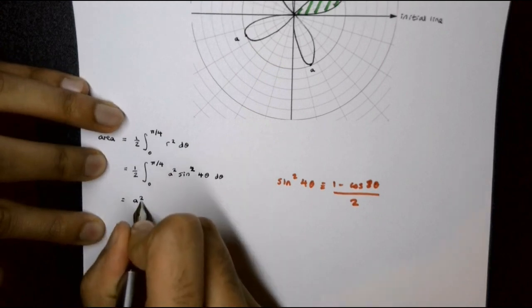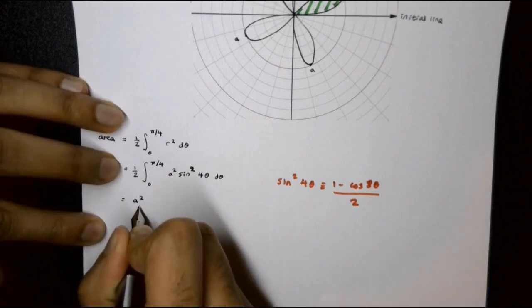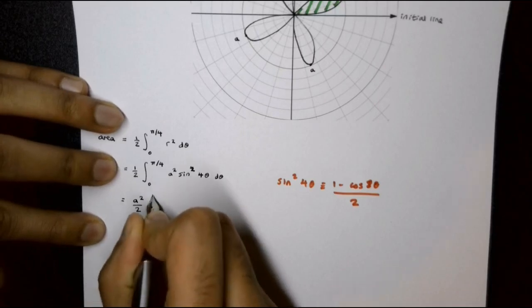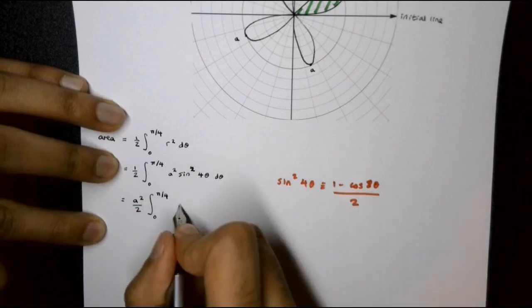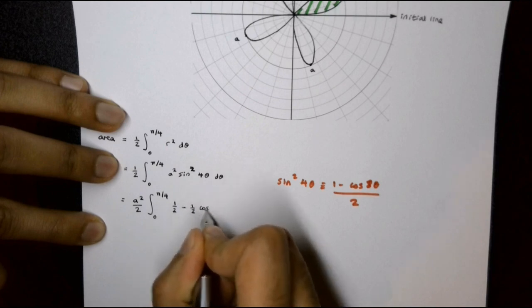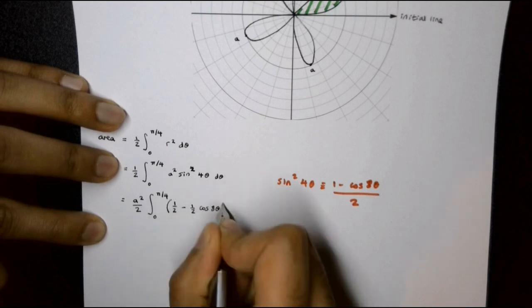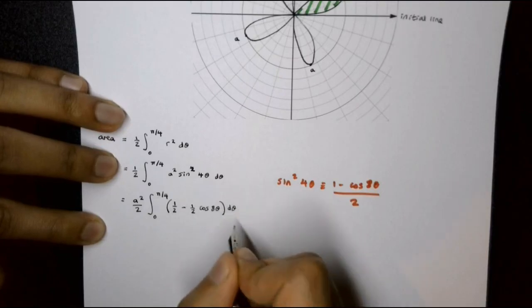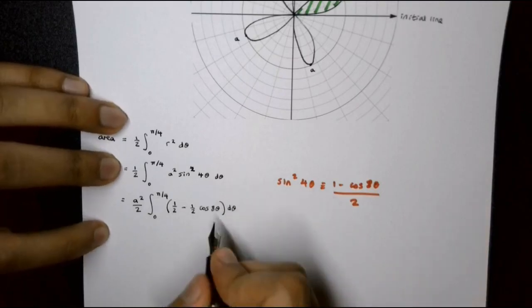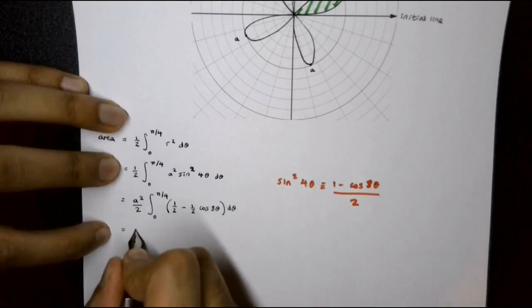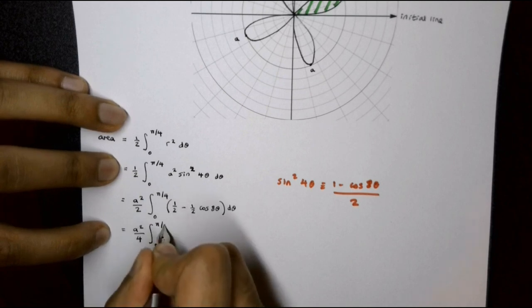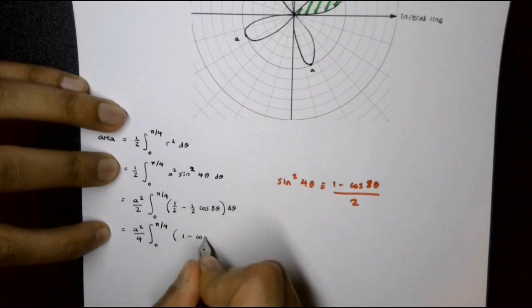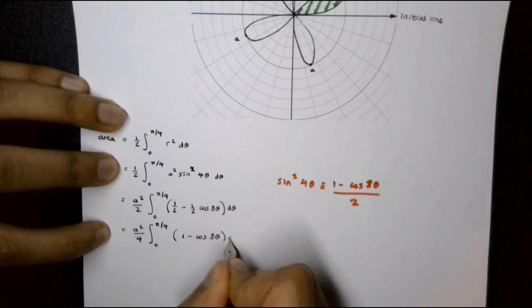So we get a squared over 2 lots of the integral from 0 to pi over 4 of sine squared 4 theta, which we've just said is 1/2 minus 1/2 cos 8 theta d theta. Now, what we can also do is take out the half as a common factor. So we get a squared over 4 lots of the integral from 0 to pi over 4 of 1 minus cos 8 theta d theta.